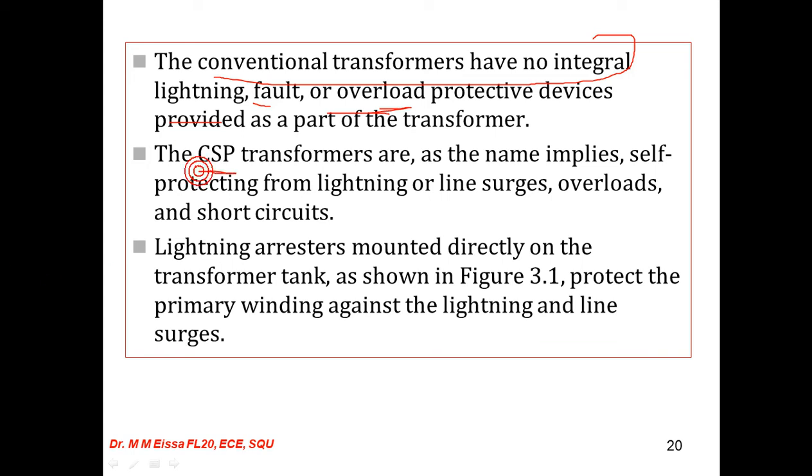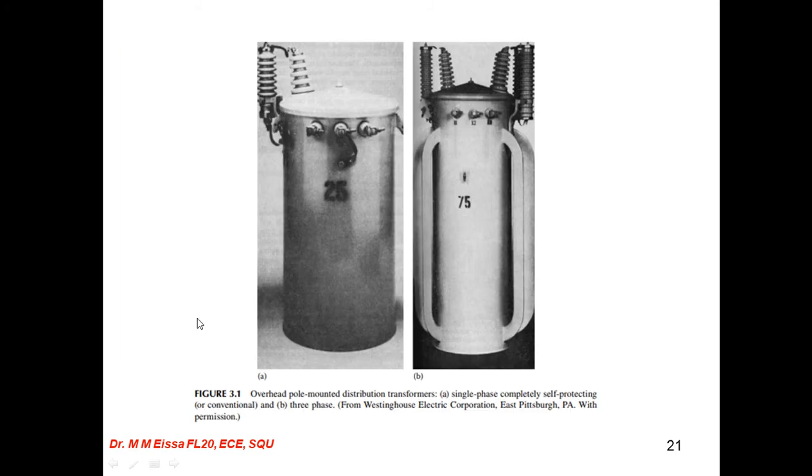We have another kind, CSP transformers, which, as the name implies, are self-protecting. So here there are some kinds of protection like lightning or line surges, overvoltage, and short circuits. Lightning arrestors mounted directly on the transformer tank, as shown in the figures below, protect the primary winding against lightning and line surges, something like this one.